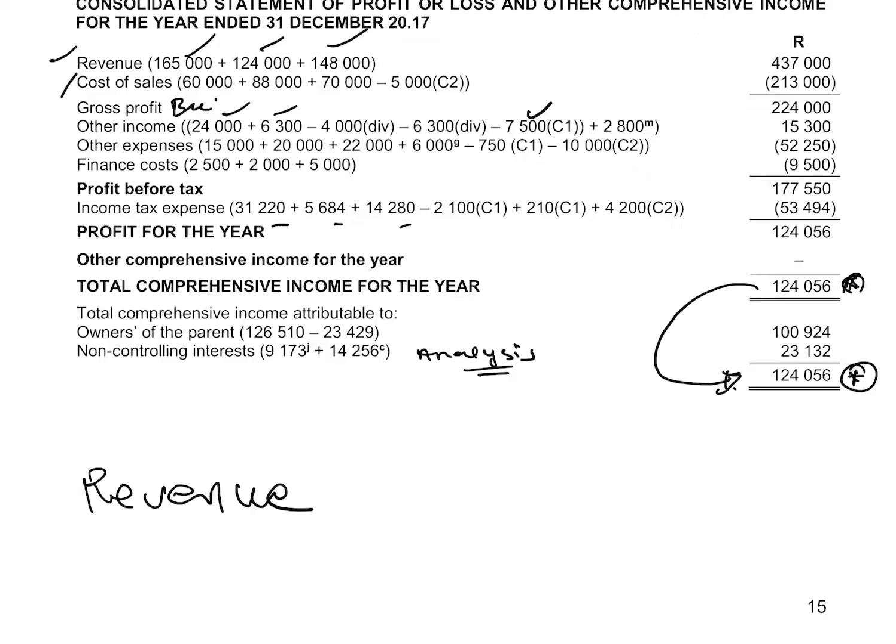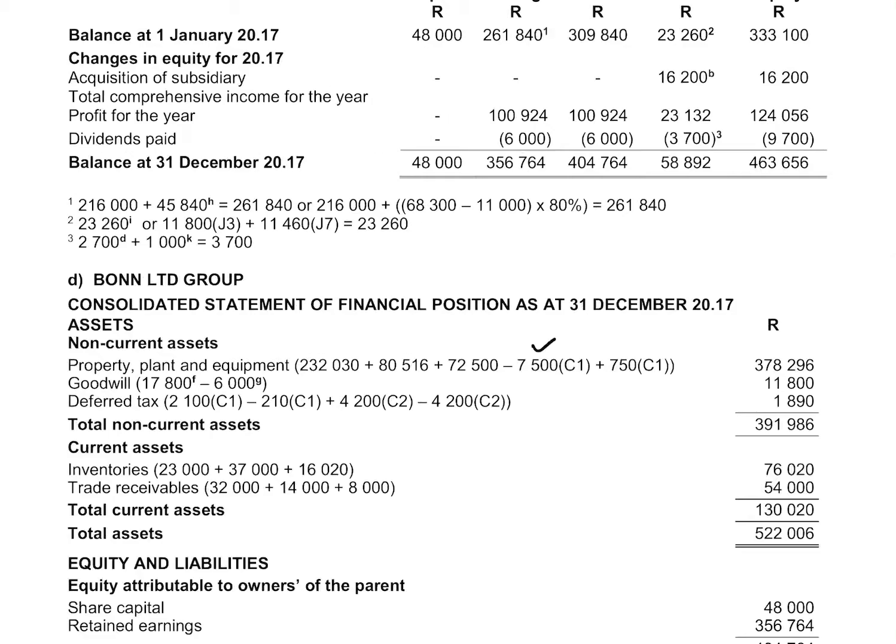So the first thing is you are going to reduce your income tax by 2,100, and then you put it under assets or under liabilities, which is a minus if you put it under liabilities. So there is that 2,100 there, which is an asset in this case.